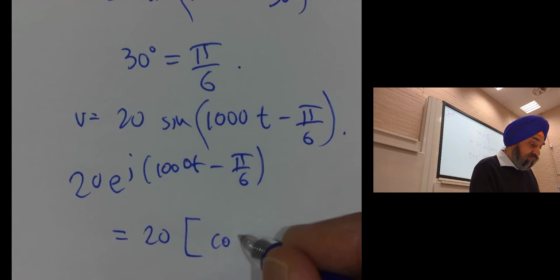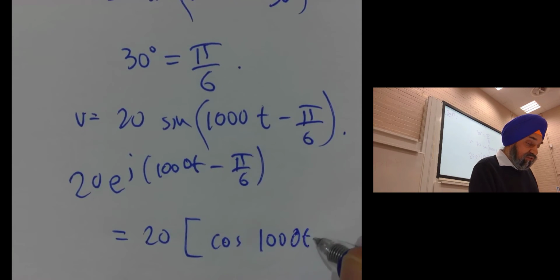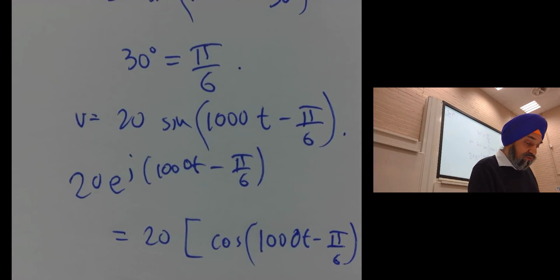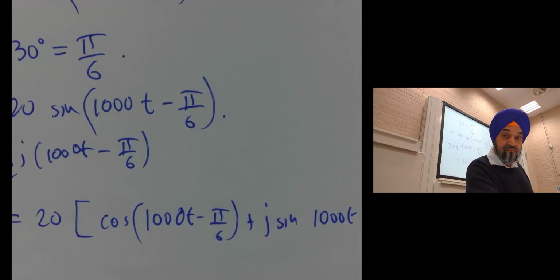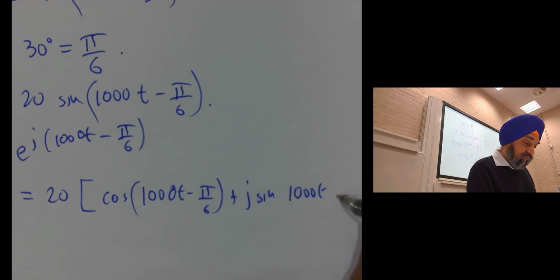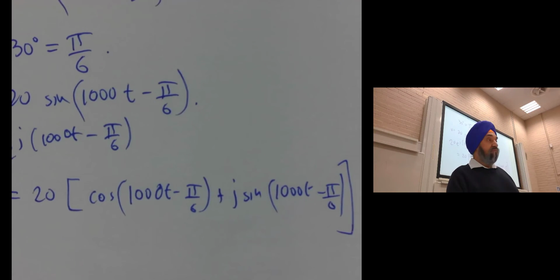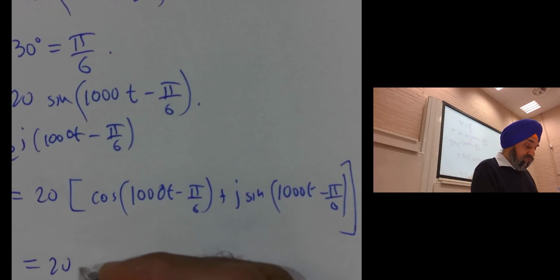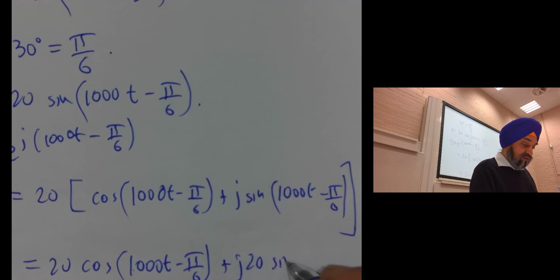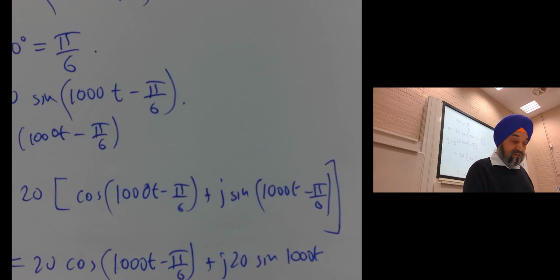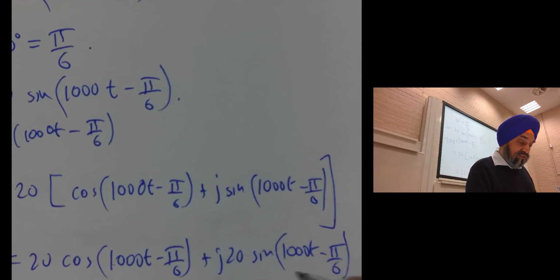So cos(1000t minus pi over 6) plus j sine(1000t minus pi over 6). If you take the 20 in, you get 20 cos(1000t minus pi over 6) plus j20 sine(1000t minus pi over 6).